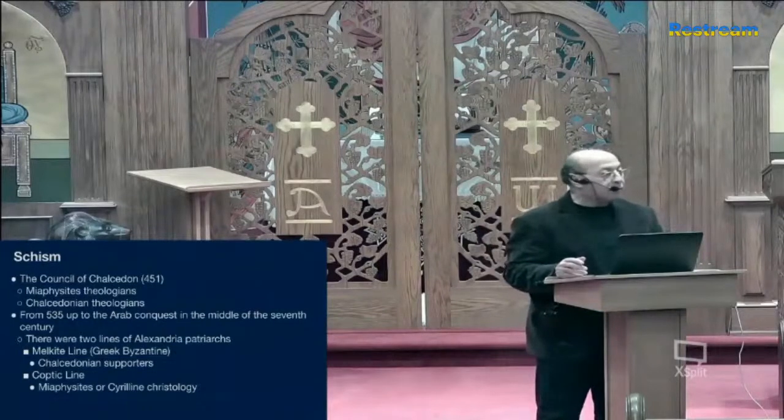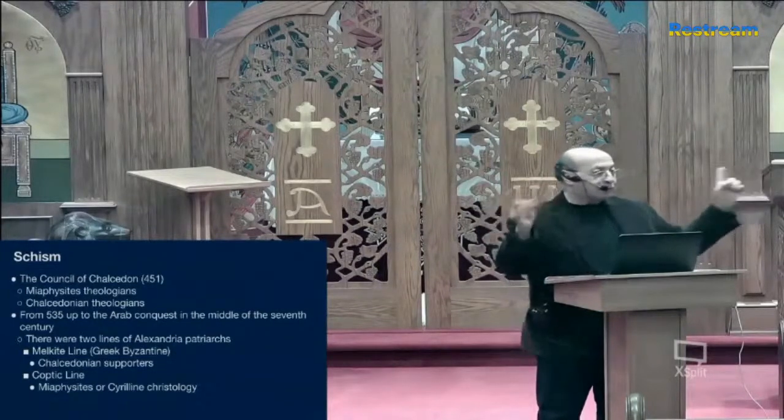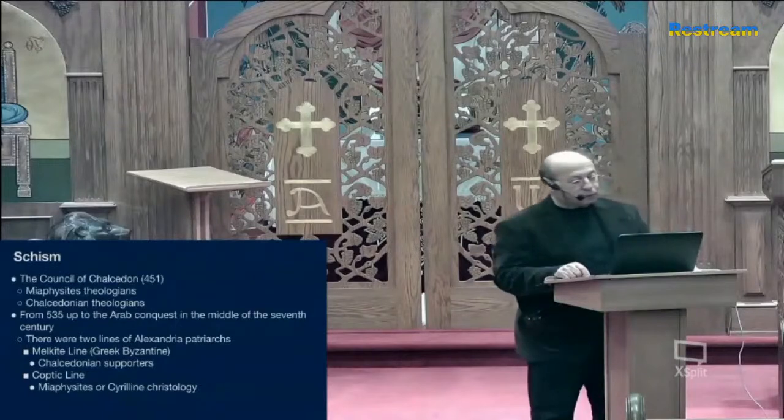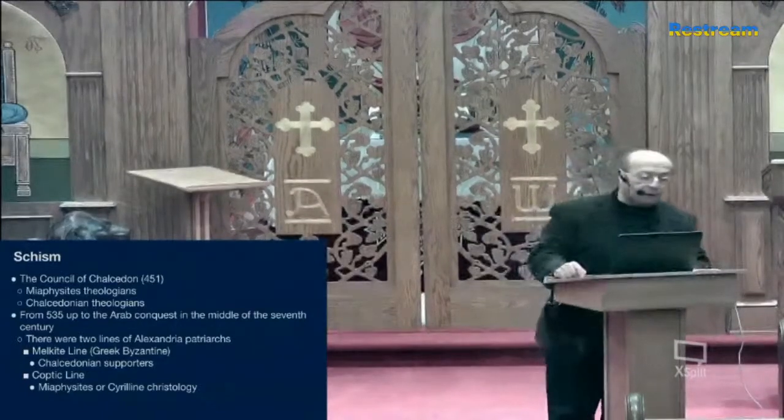One line is called the Melkite line, which is Greek Byzantine. They are Chalcedonians, and they are Chalcedonian supporters. And then the other line is the Coptic line, who are the Miaphysites or Cyrilline Christology followers. They followed Cyril of Alexandria's line.